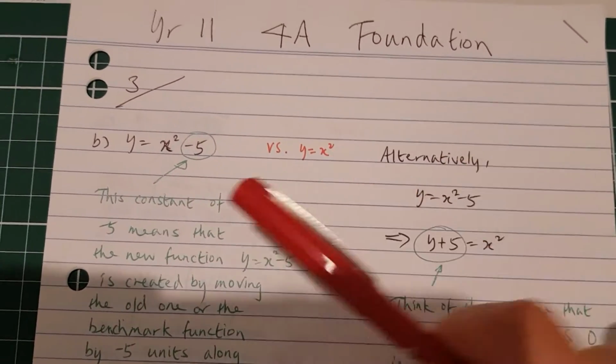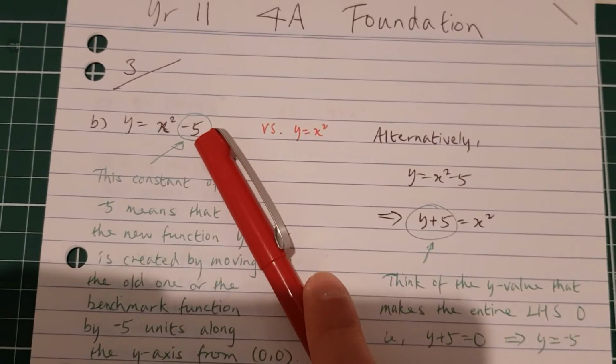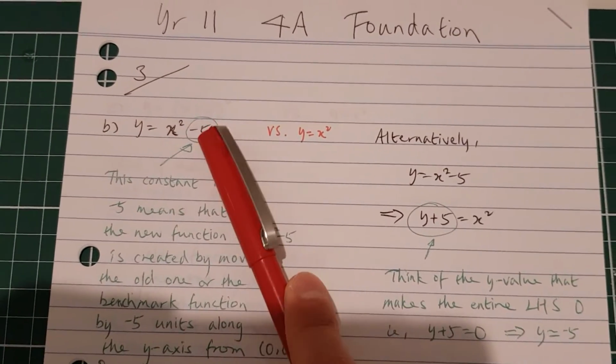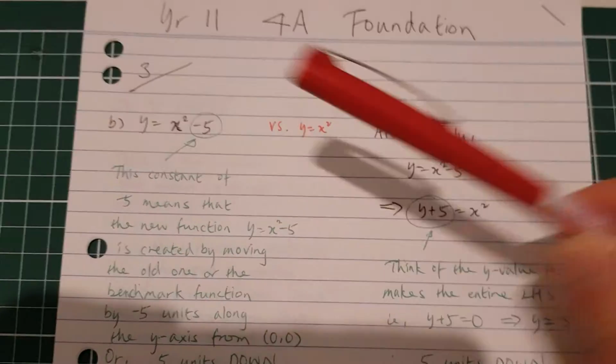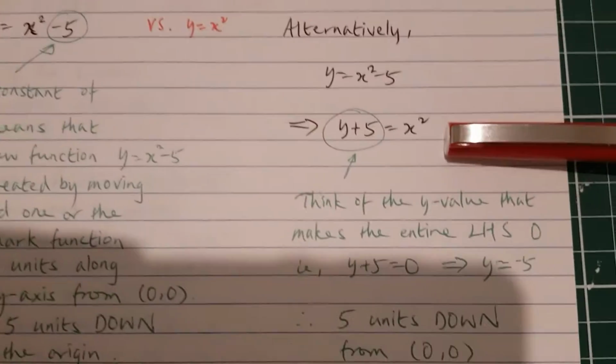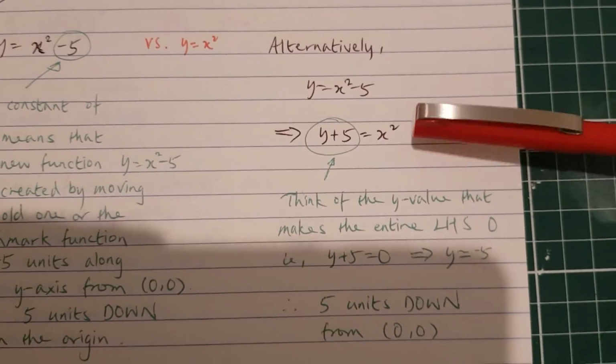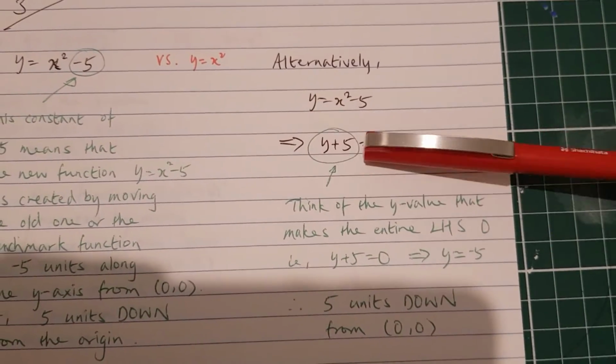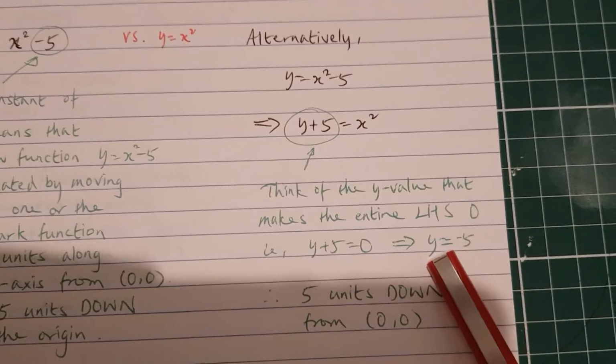Alternatively, toss the -5 onto the other side, because you can't stick it into the x. The only thing you can do with the -5 is shift it over to the other side. Then think of the value of y that makes the left-hand side 0. In this case, y equals -5.